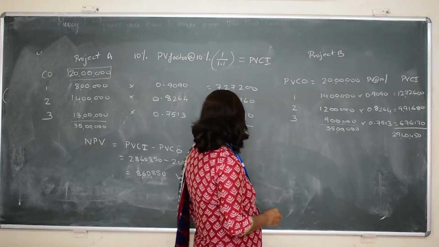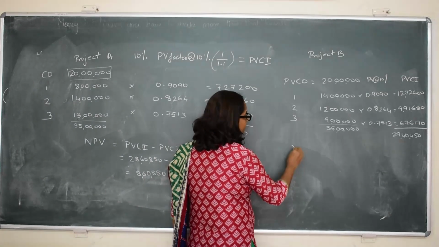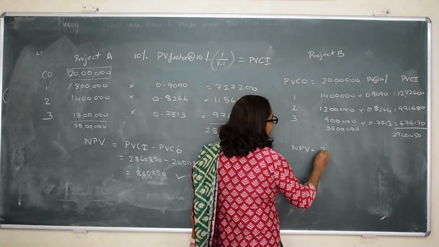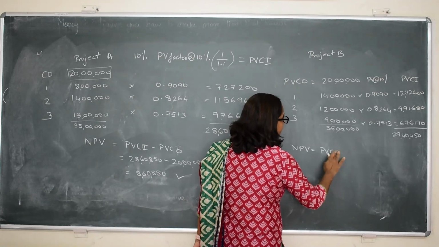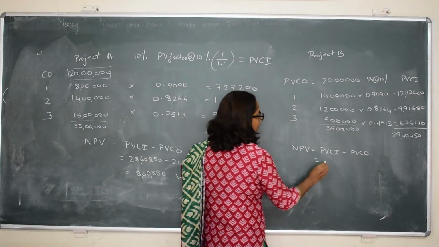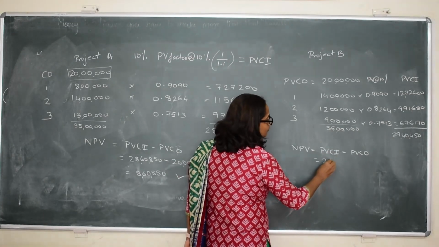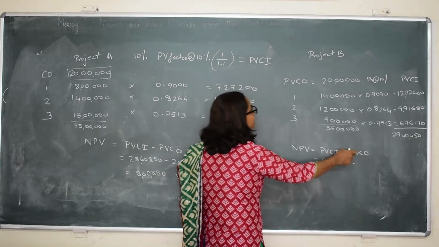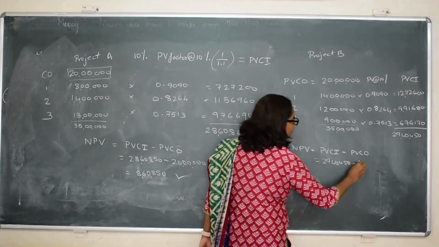So, let's find out the NPV of project B. PVCI minus PVCO. PVCI I get is 29,40,450 and PVCO is this much, 20 lakhs.